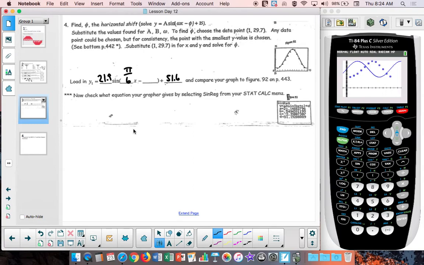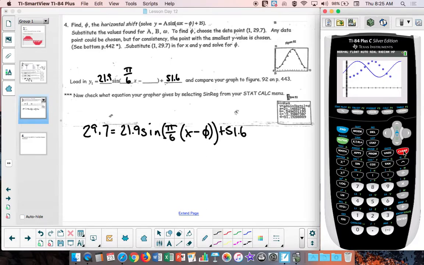So January was 29.7, and that equals 21.9 sine of pi x minus phi plus 51.6.